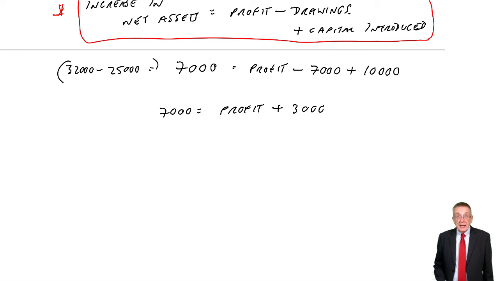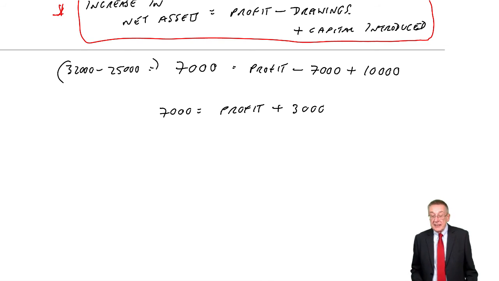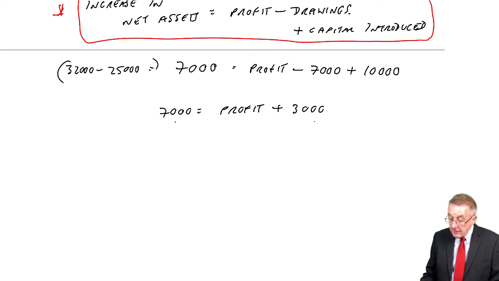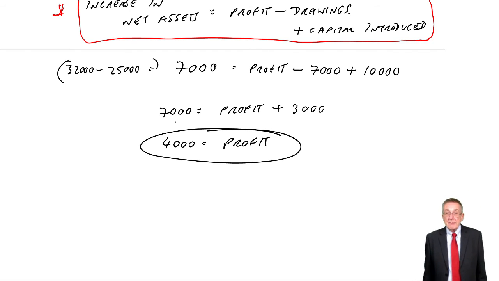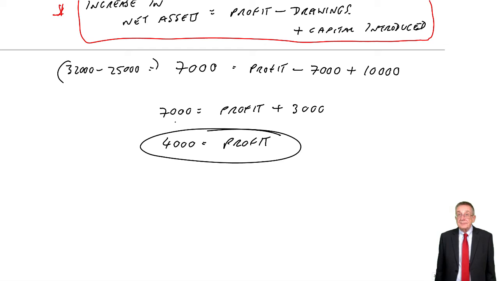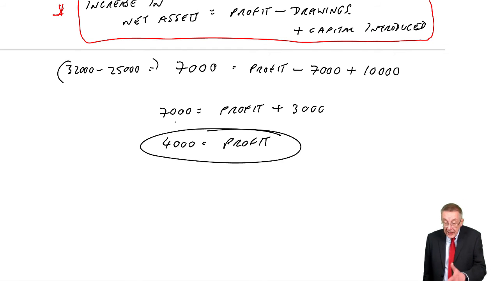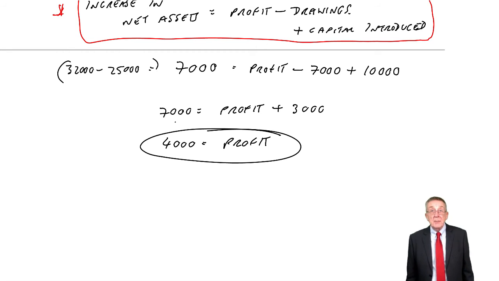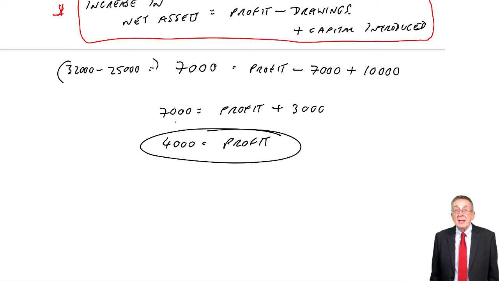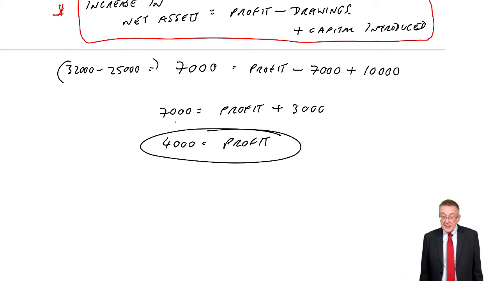And finally, if we subtract 3,000 from both sides, 7,000 minus 3,000 is 4,000. The profit is 4,000. So it's not hard, provided, of course, you've learnt the accounting equation. And otherwise it's just being careful. Obviously, when you're doing anything in a rush, you can make silly mistakes. But that's practice.